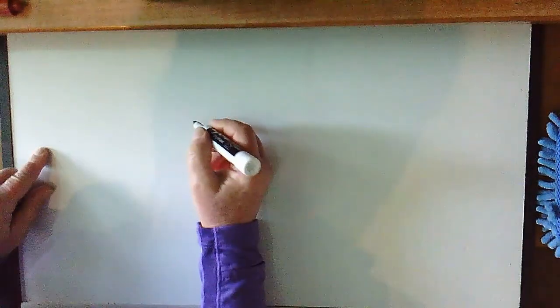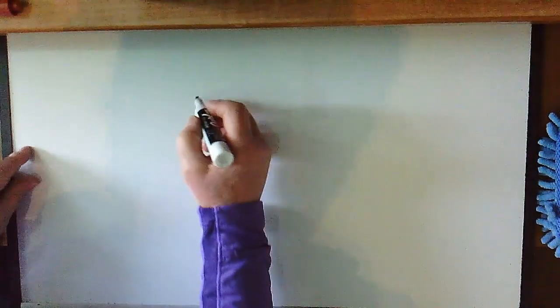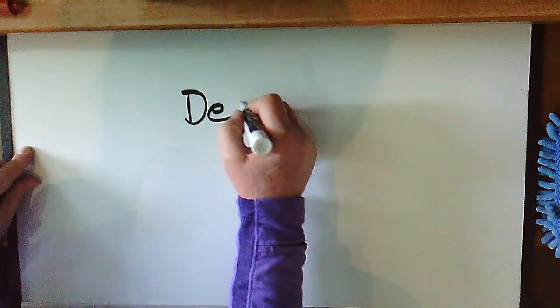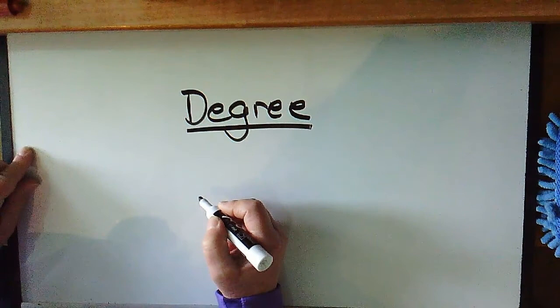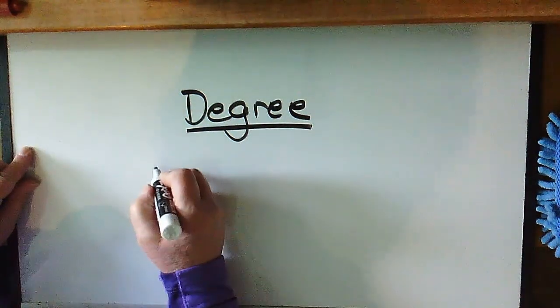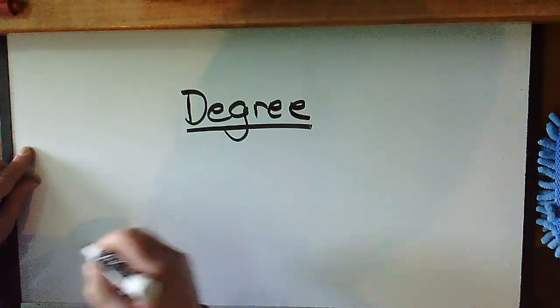So before we end this video, I'm going to let you guys in on a little secret, because I think you can handle the knowledge. Sometimes, not in Algebra 1, but in higher level math classes, in the context of determining the degree of a polynomial, sometimes you have more than one variable in a polynomial.